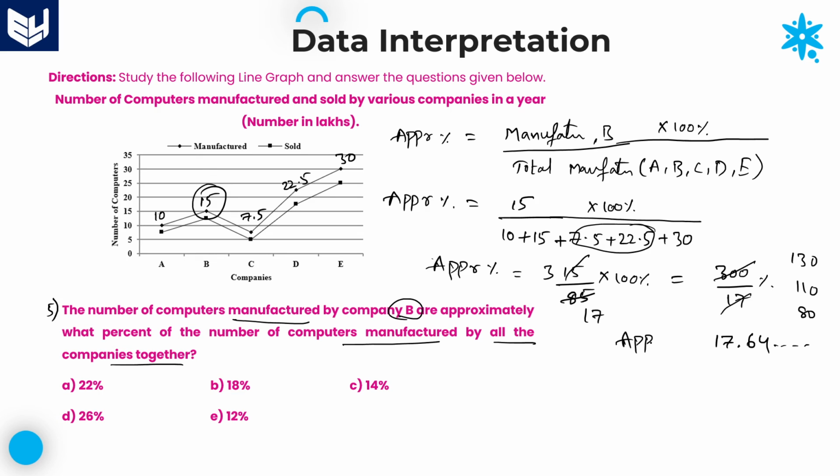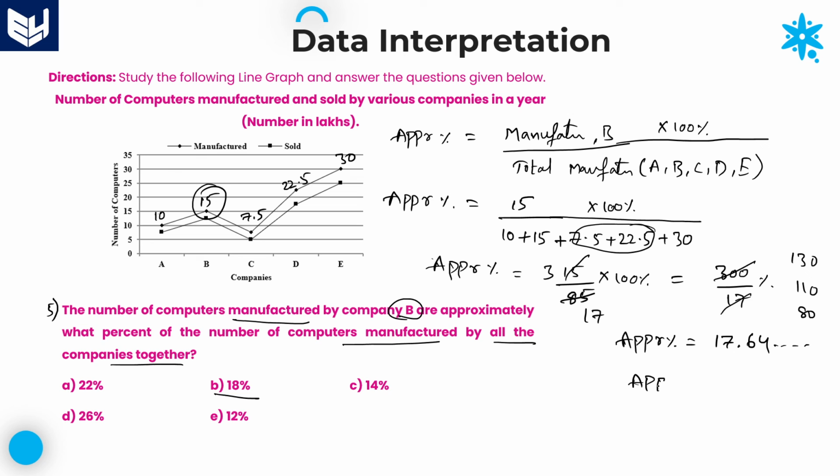We don't want to calculate the exact answer. If you want the approximate answer, this particular value is 17.64 and so on. There is no end to that number, right? Approximately, according to the options, our required answer is close to 18 percentage.